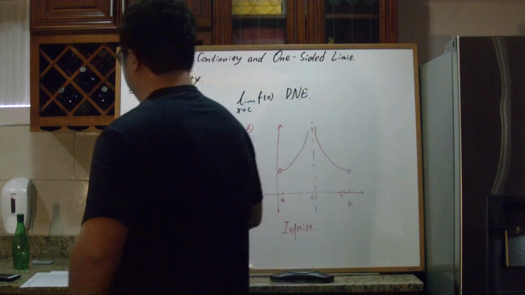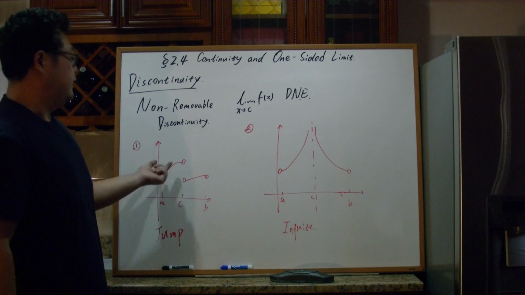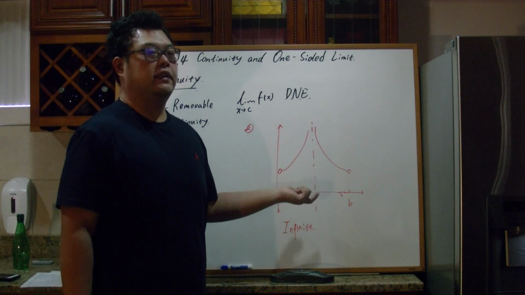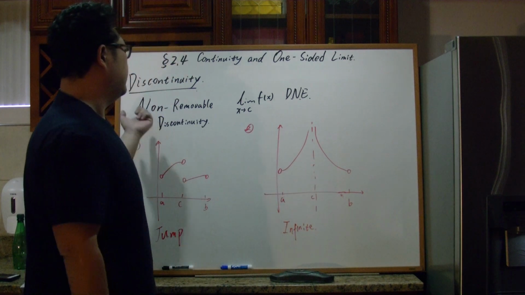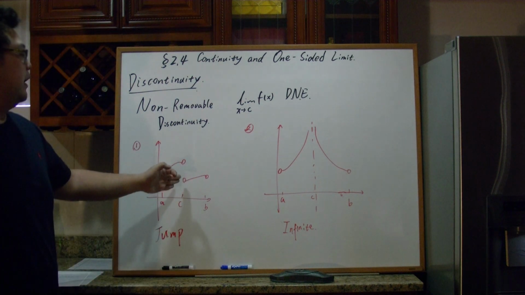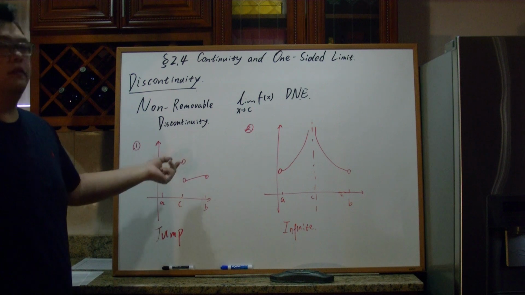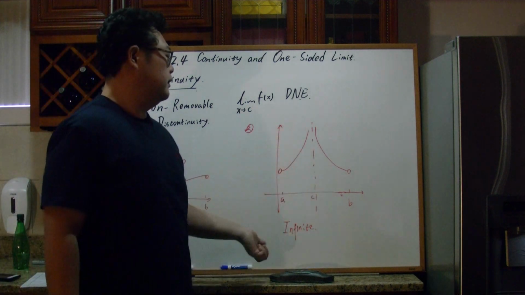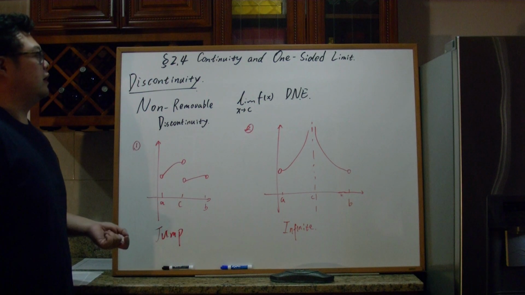That is the type called an infinite discontinuity. But in either case, when we find the limits don't match, or when we find the limit to be infinity from either side of the value, that is called a non-removable discontinuity. We have no way to redefine a function value to make the function continuous again. These are called non-removable discontinuities.